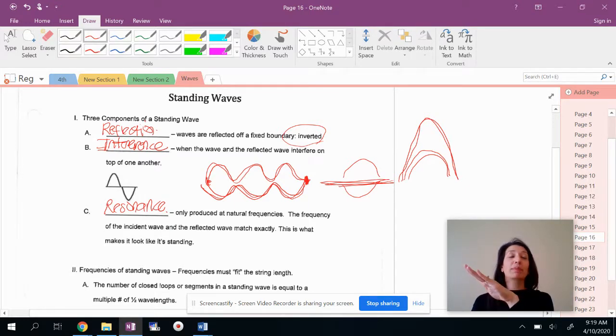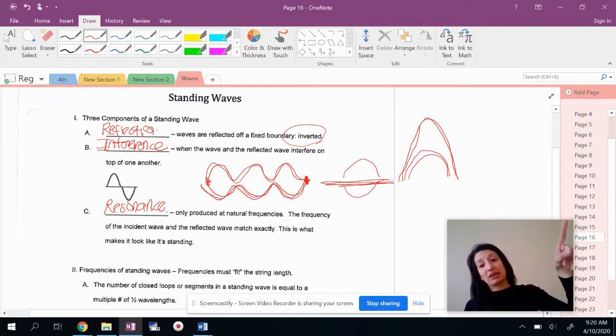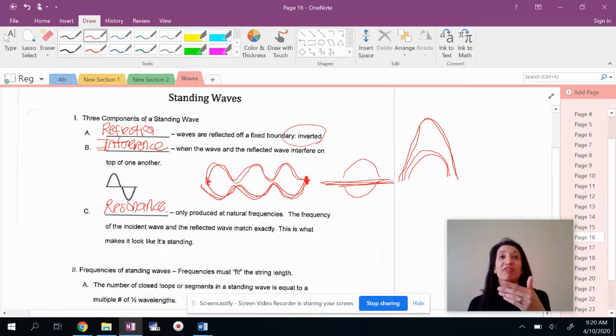You can't just pump your legs randomly. You have to get into the rhythm of that swing. And when you're able to do that with resonance, the amplitude of the swing gets higher and higher. When we talk about a swing or a pendulum, the amplitude is how high it gets from one side to another.